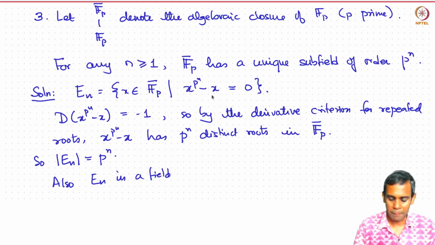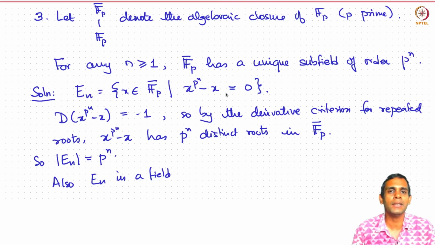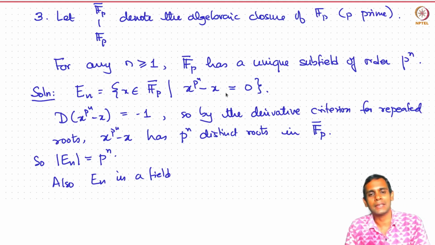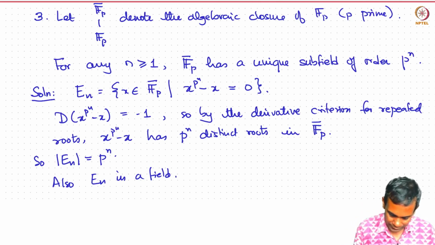The interesting case is x plus y, where you use the binomial theorem with the power of p; all but two terms become 0 because all the binomial coefficients except for the first and the last one are divisible by p. Using that, you can show that En is a field.